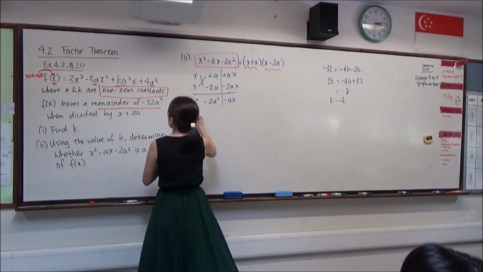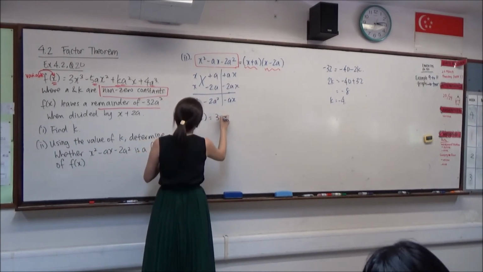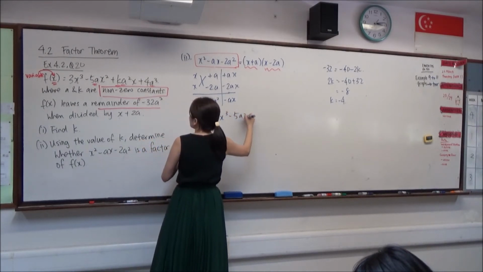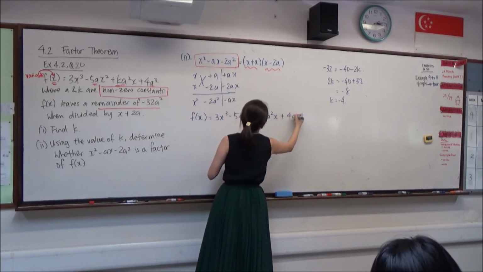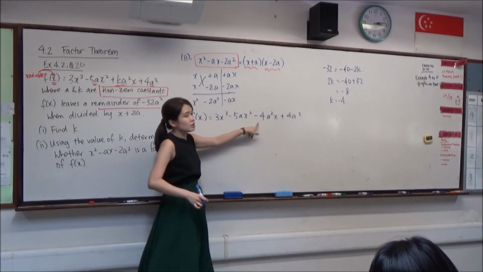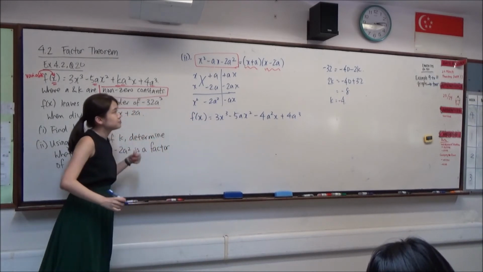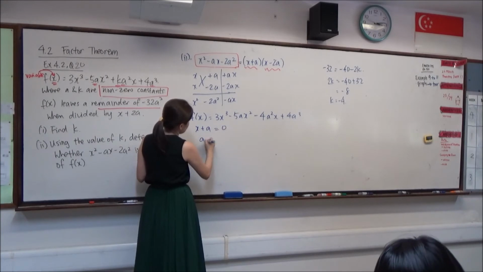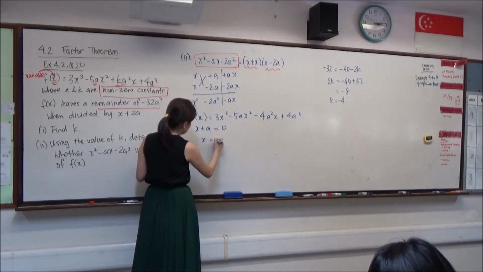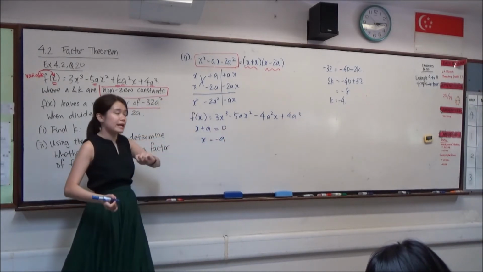So the fx that we're looking at is now this, after I change the k to be negative 4. So with x plus a equals to 0, I will choose x to be negative a.